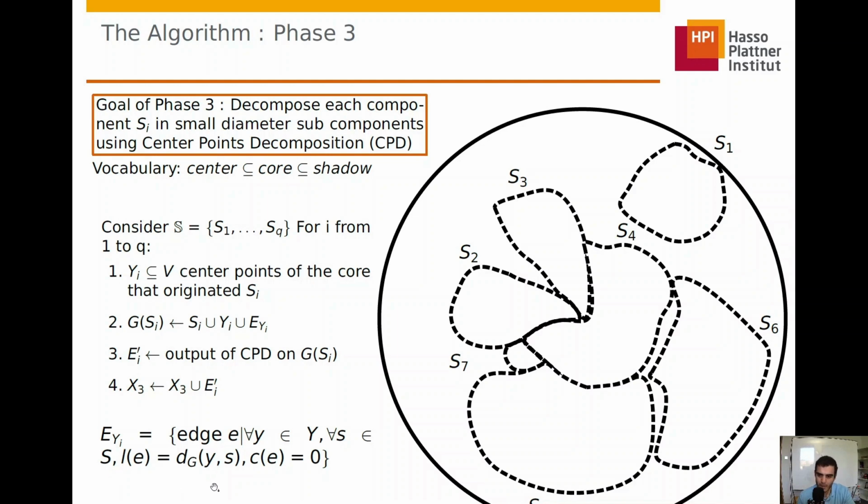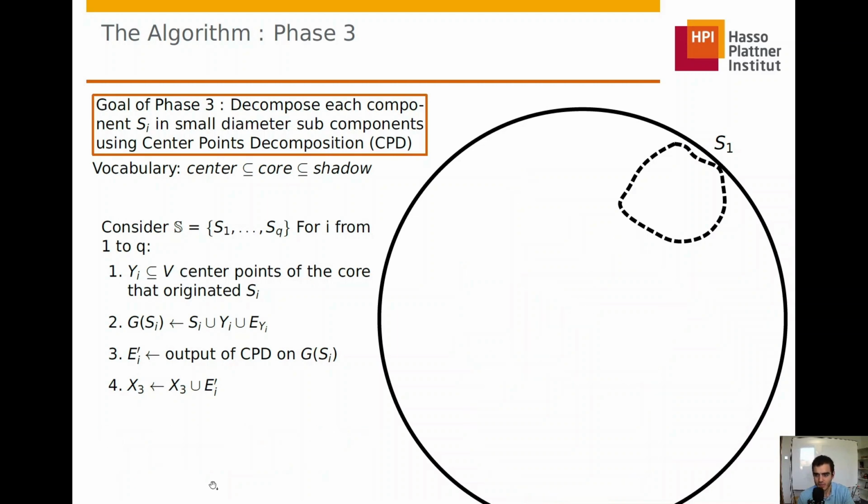So basically, during phase 2, we damaged our centers sometimes. Like S4, remember, the center here was damaged, and we will need to create those edges to recover from the damage. Those edges don't mean that they reconnect the missing center points to their component.